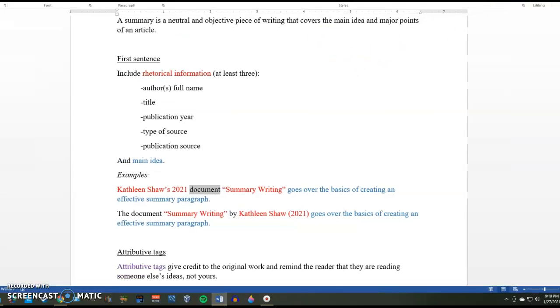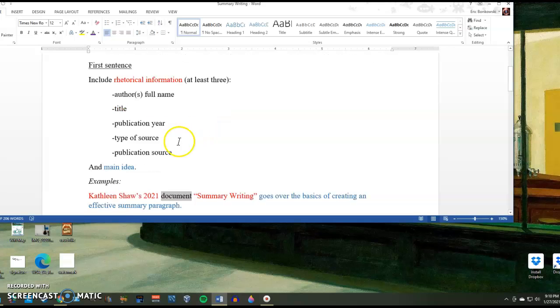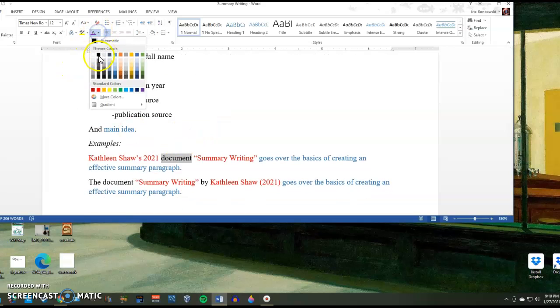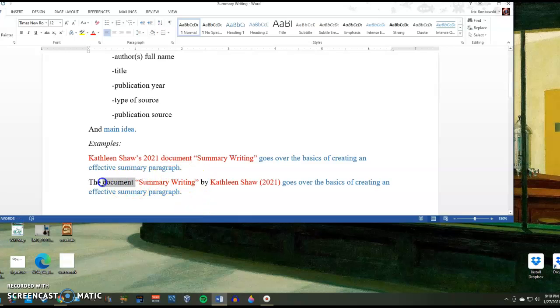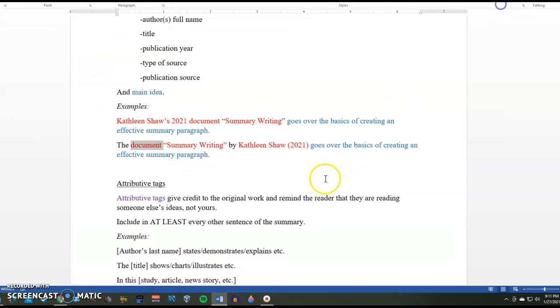Because here I identified the type of source, that it is in fact a document. So here you might say website, or you might say article, or scholarly article, or newspaper article. These are just ways of giving some information to the reader about the source.